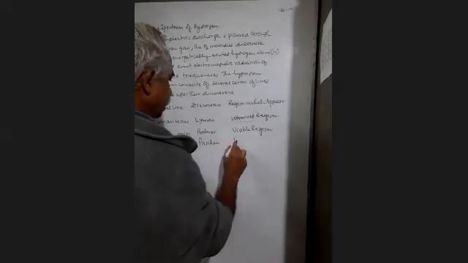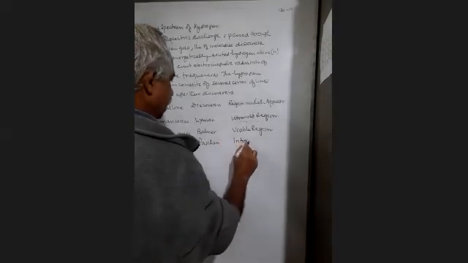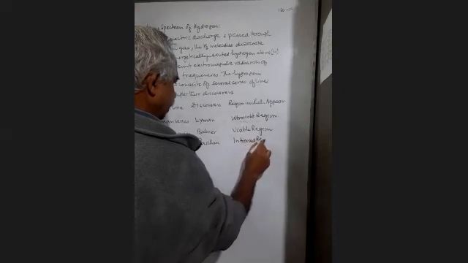It is found in infrared region. Let me see the spelling, BRACKETT. I think it is BRE. So what's the next?